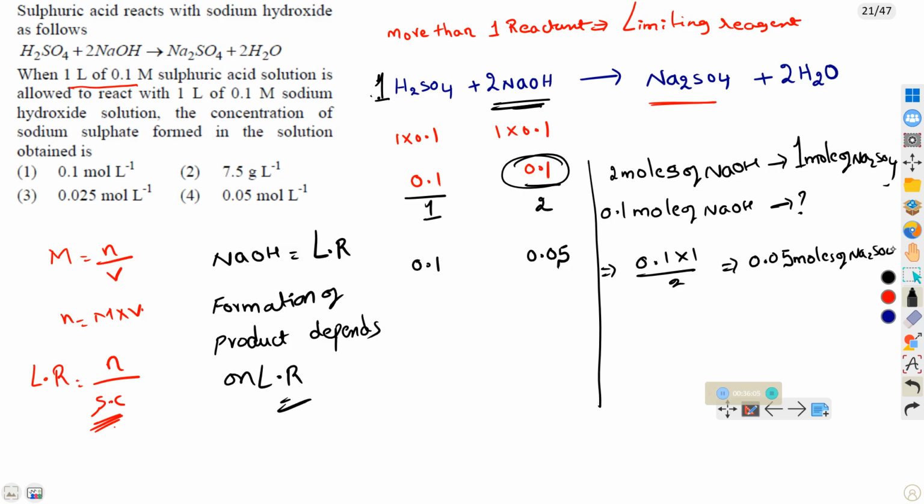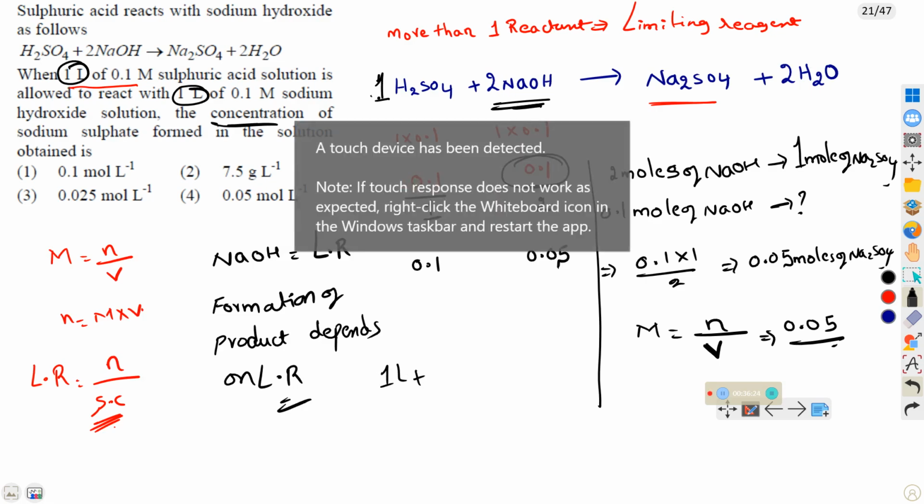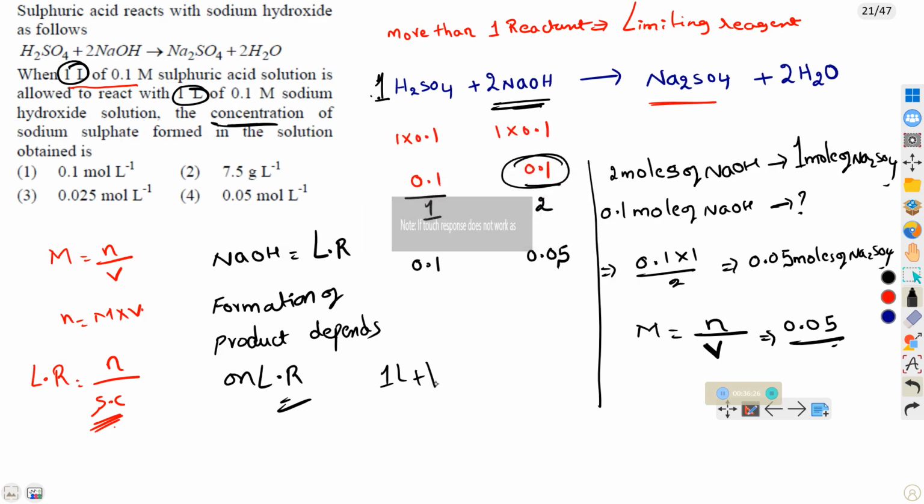Now number of moles you know. What is the question? Concentration. Molarity is equal to number of moles by volume in liters. Number of moles 0.05, volume in liters: 1 liter plus 1 liter. Total volume is 2 liters. Divided by 2, then 0.025 mole per liter. Third option correct.